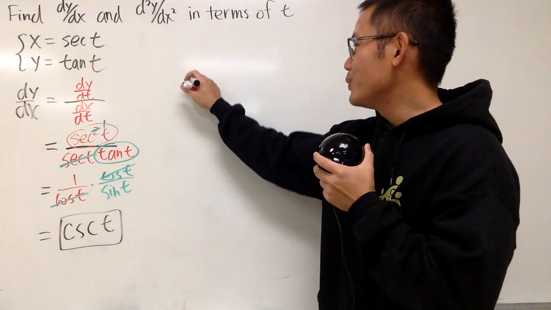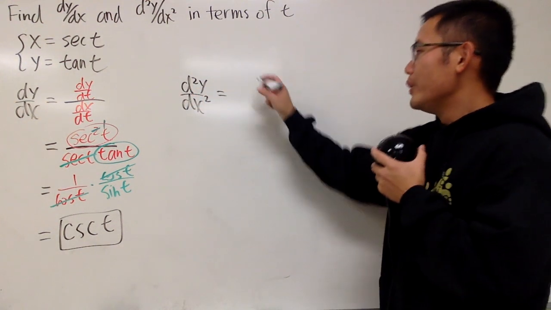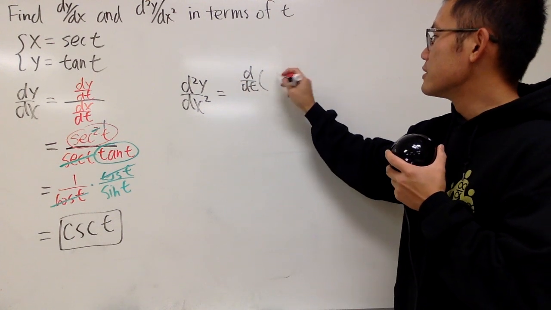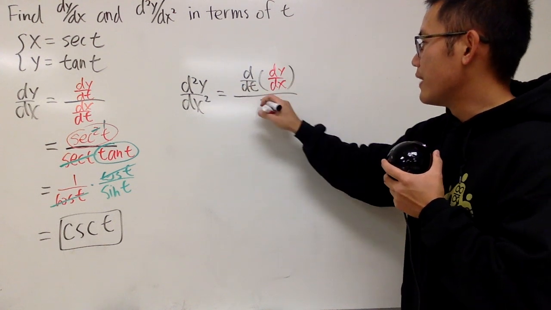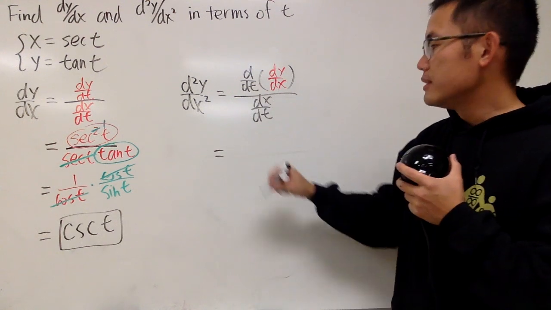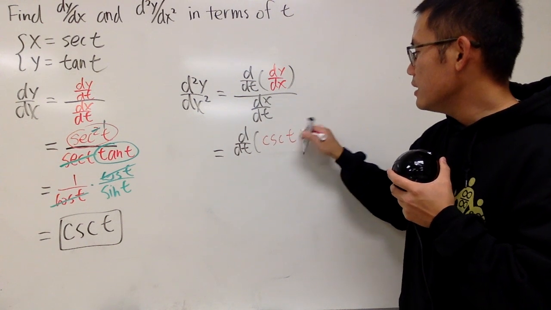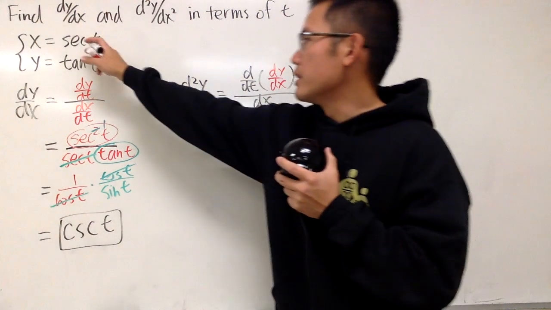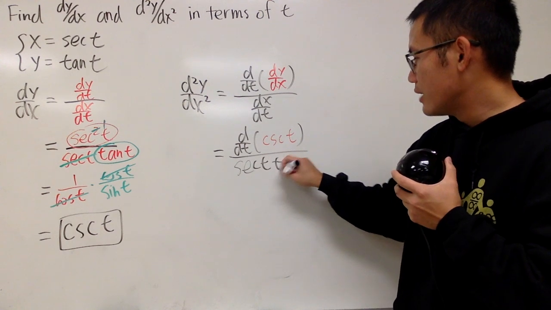Now moving on to d²y/dx². Remember, we have to differentiate our first derivative with respect to t, and then divide by dx/dt. Let me put this down here for you guys real quick. So we have to differentiate cosecant t, and then divide it by dx/dt, which is the derivative of that, secant t tangent t.